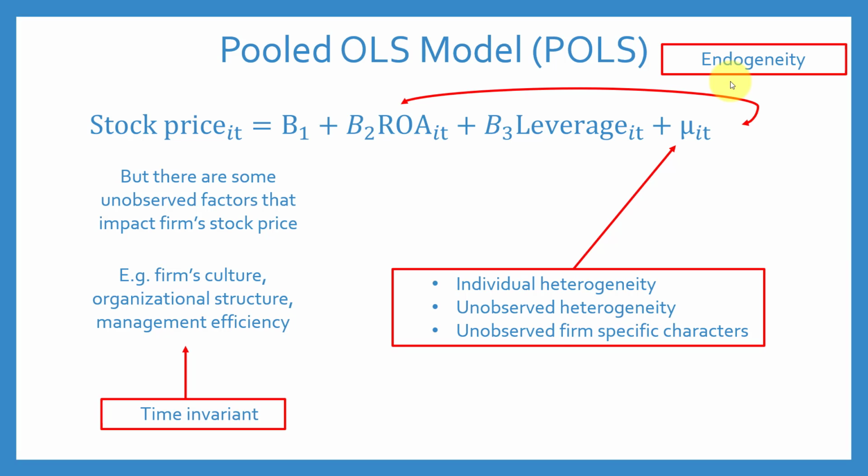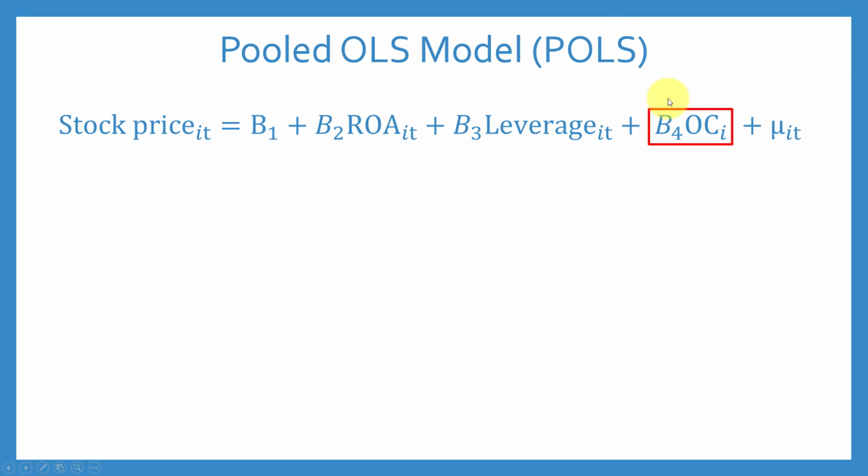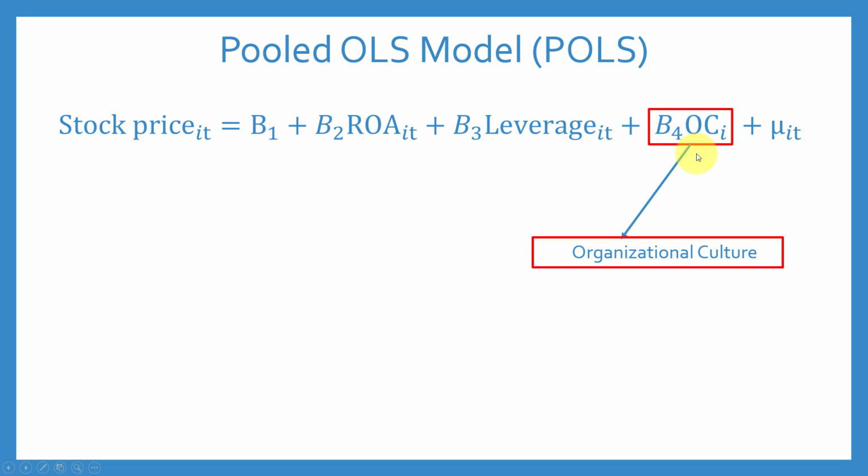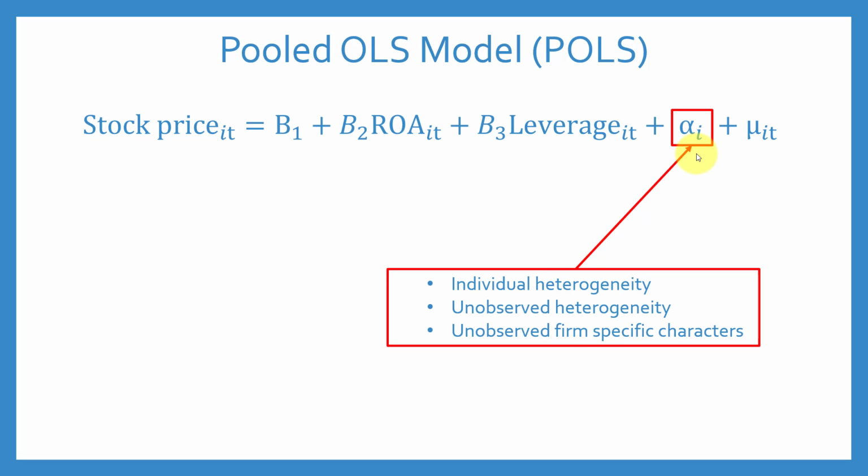Let's elaborate on this. Let's say we have this organization culture, and I include it explicitly in the model. We know that we cannot observe it, and that it is a time invariant variable. Let's denote it by alpha I. Why alpha I? Because it does not change over time.